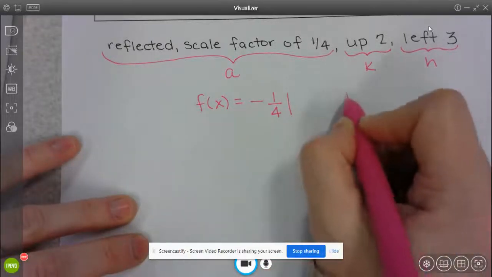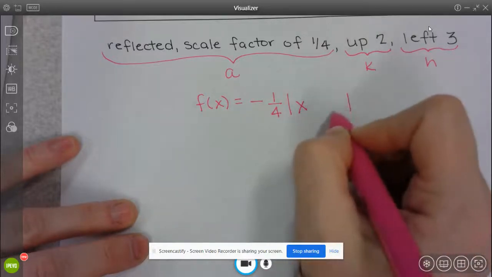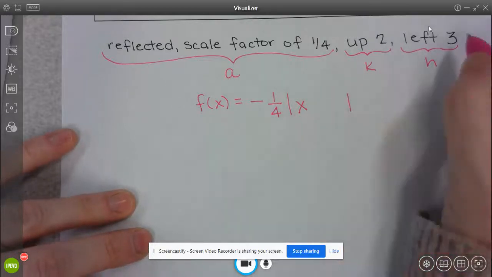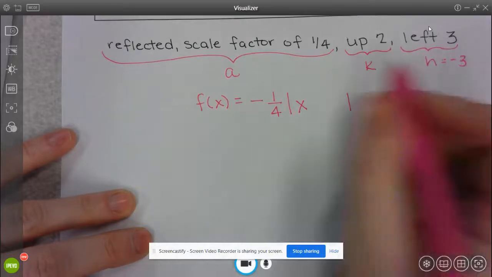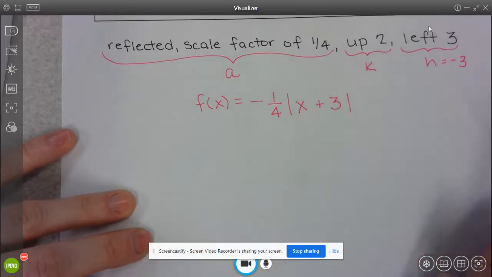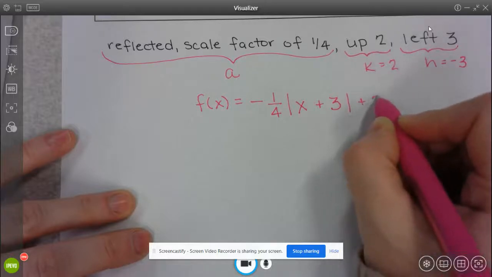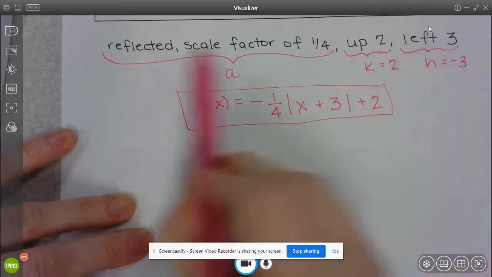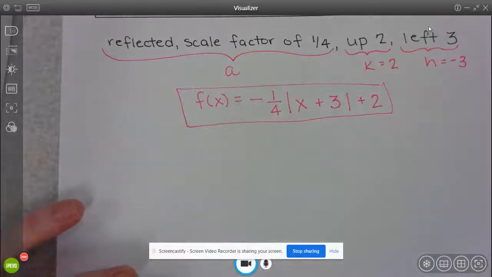Then I'm going to have my absolute value. H goes inside. And remember, it's the opposite. So if it's left 3, H is -3, which means I do the opposite sign in here. This tells me K is 2 and K is the same. So this would be the function that goes with this set of instructions for our absolute value graph.